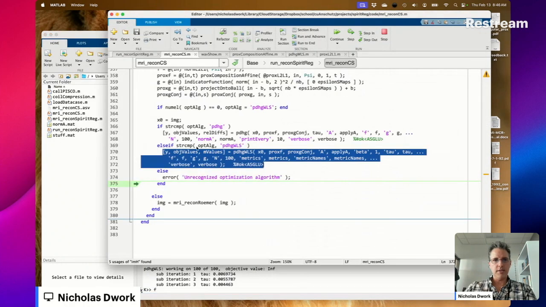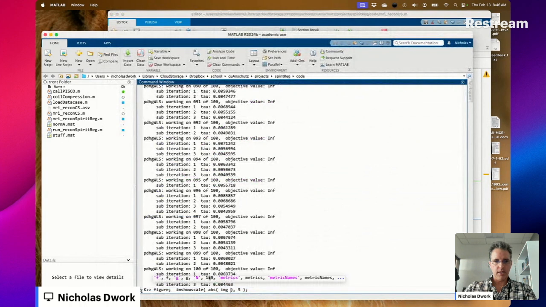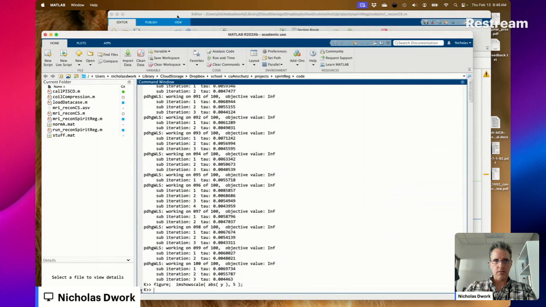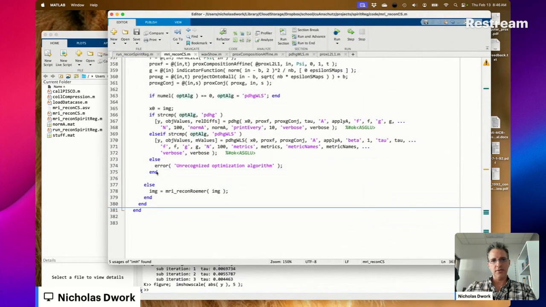Whoa, I did image. I should have done Y. That looks terrible. But now it might be because I showed the wrong thing. Okay, let's make that image.